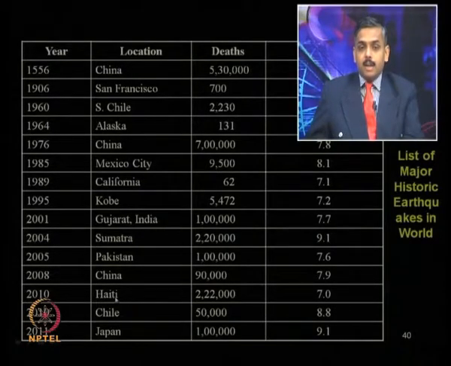The Haiti earthquake was in January 2010, and in February 2010 was the Chile earthquake of magnitude 8.8, but the number of deaths and destruction in Haiti was much more than in Chile. We will discuss all these things later in this course. And the 2011 Japan earthquake, where the destruction was huge, not only due to the earthquake but more due to the tsunami, had a magnitude of 9.1.